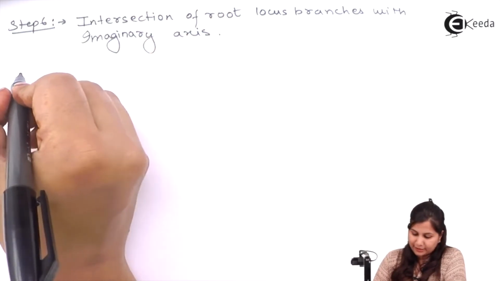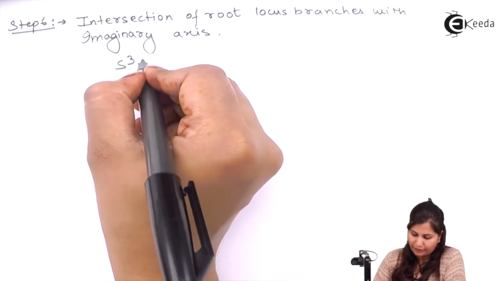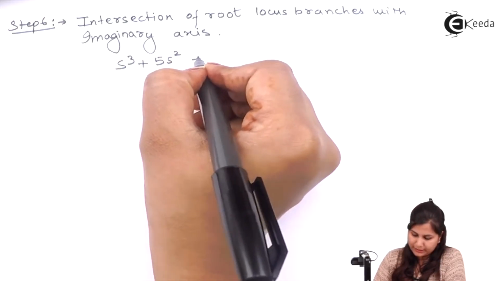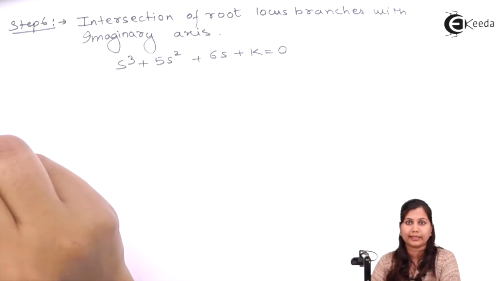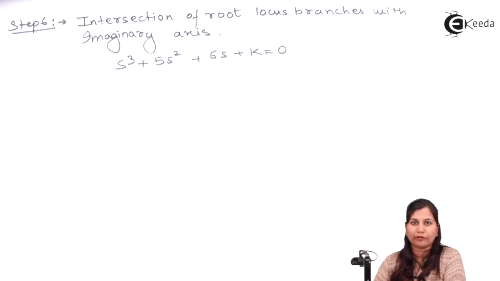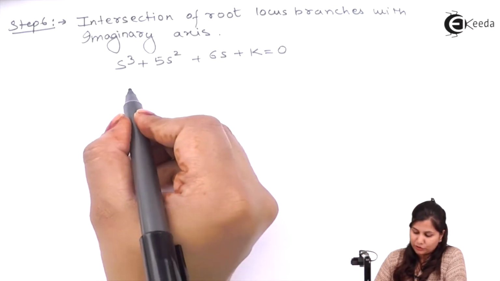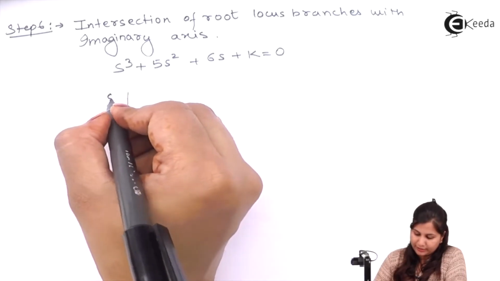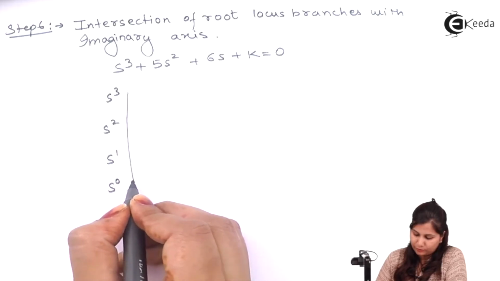The characteristic equation of this system was s cube plus 5s square plus 6s plus k equals 0. The characteristic equation we have already obtained in the first step. So use this characteristic equation and form the Routh array: s cube, s square, s1, s0.